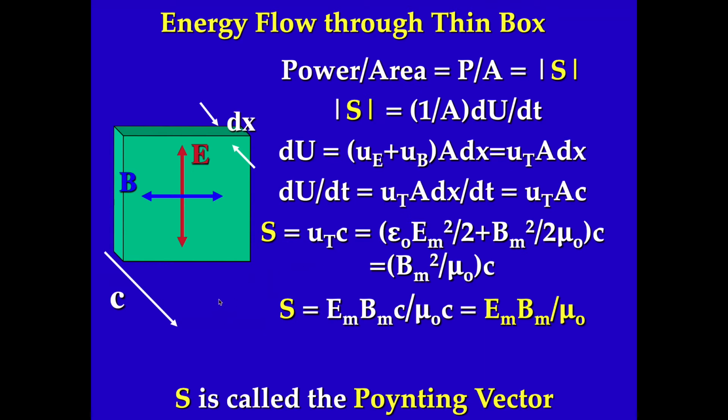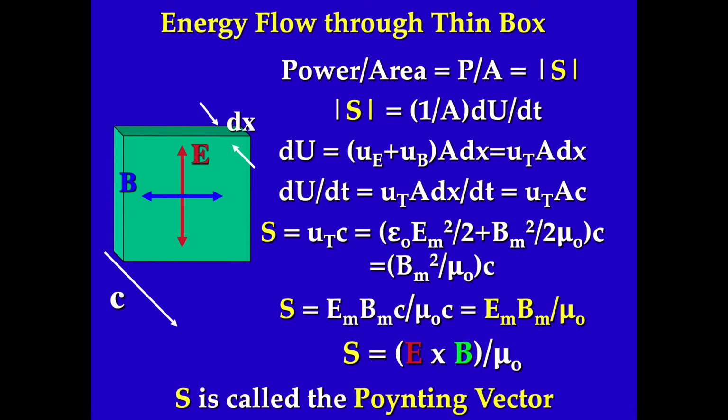And what I want to do is define a vector that not only tells me the direction of travel of the wave, but how the energy is carried by the wave. And so I'm going to define this vector, E cross B over mu naught. This vector points in the direction of travel of the wave.